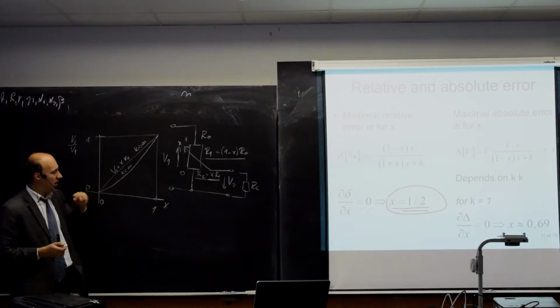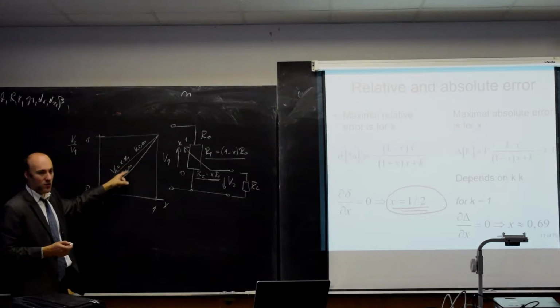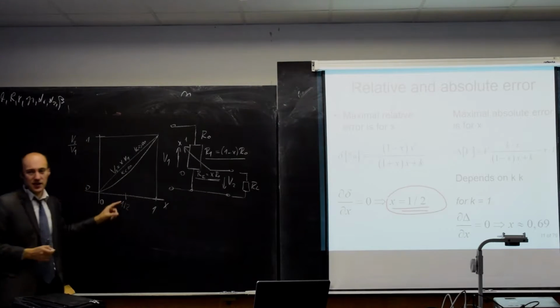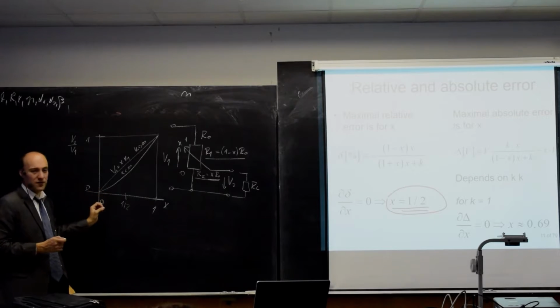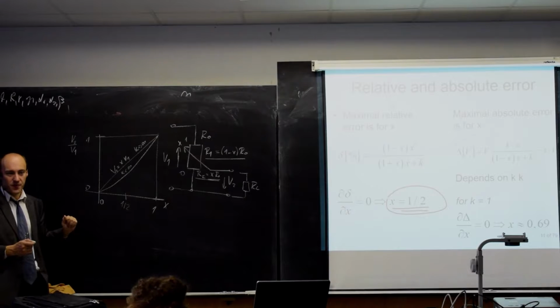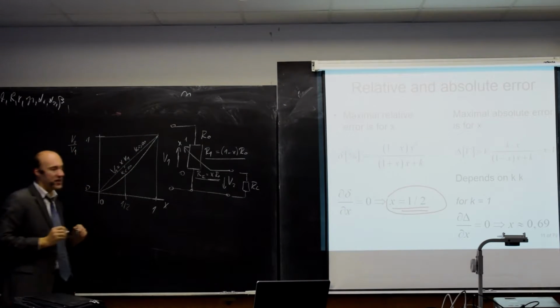And from this equation, we know that the maximum relative error will be in the middle. So here, there will always be the maximum error. And this does not depend on the resistance of the sensor, and it does not depend on the load resistance. So always here you have a maximum relative error.